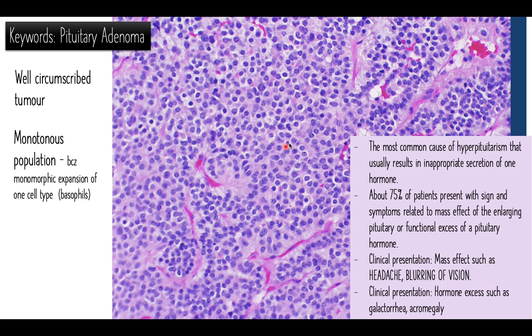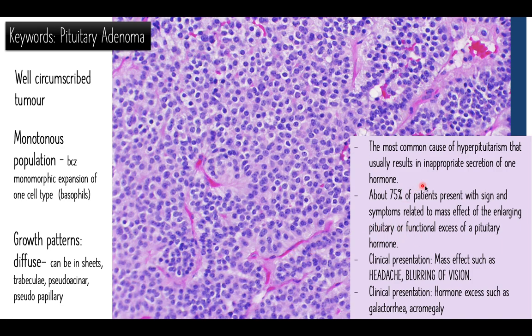For example, in this case, the cells are predominantly basophils. They can be arranged in a few growth patterns, like sheets, trabeculae, pseudoacini, or pseudopapillary. As you can see here, the cells are arranged in sheets and some in pseudopapillary formation.